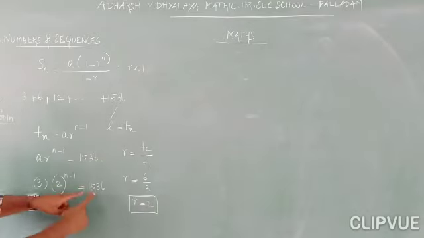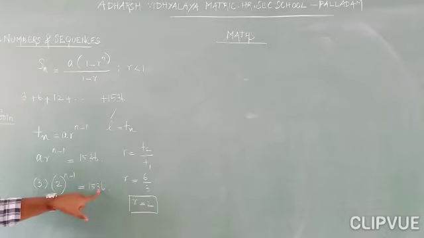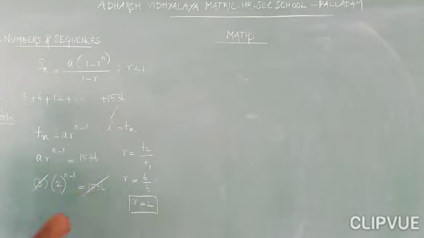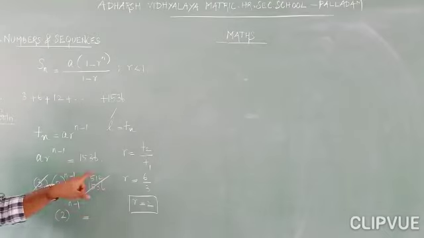Okay, so it must be divisible by 3, because the sum of the digits 1 plus 5 plus 3 plus 6 is 15. The sum of the digits is a multiple of 3, therefore it must be divisible by 3. So how many times? 1 time, 2 times. So 2 power n minus 1 is equal to this 512.